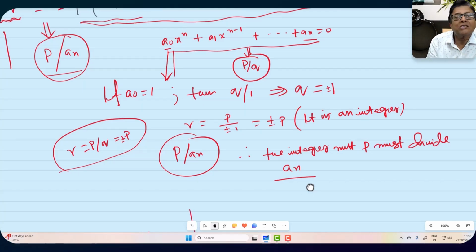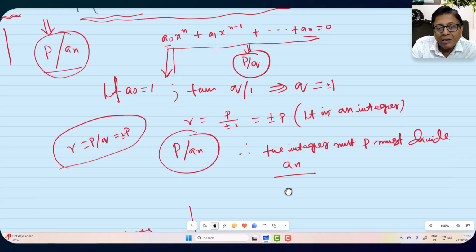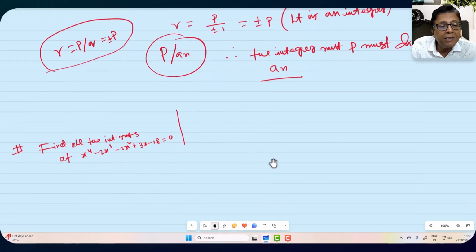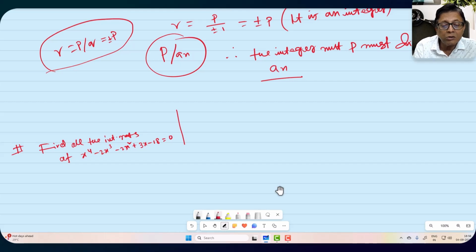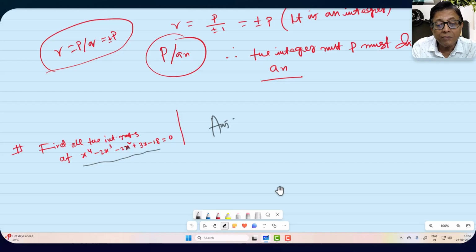Now this concept that an integer root must divide the absolute term, we need one application. Let us take this direct application: find all the integer roots of this equation, x to the power 4 minus 2x cube minus 2x square plus 3x minus 18. So we start this manner.